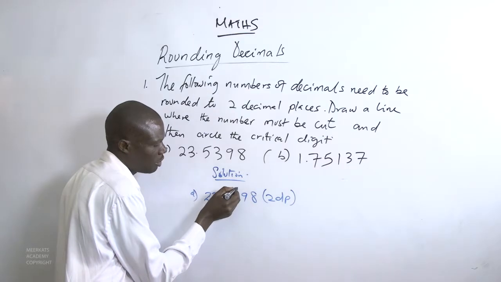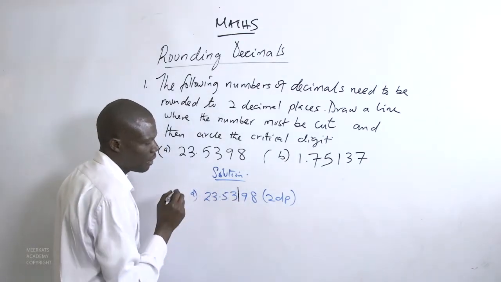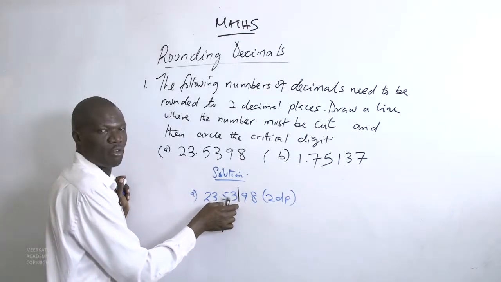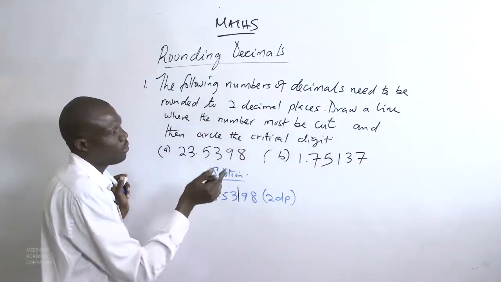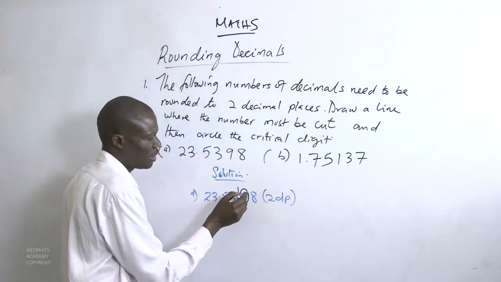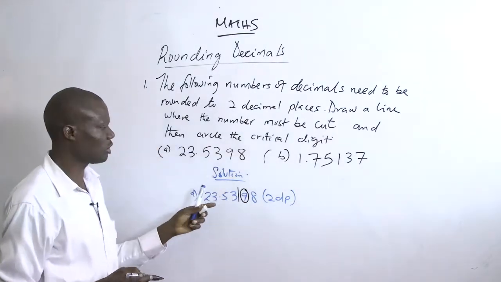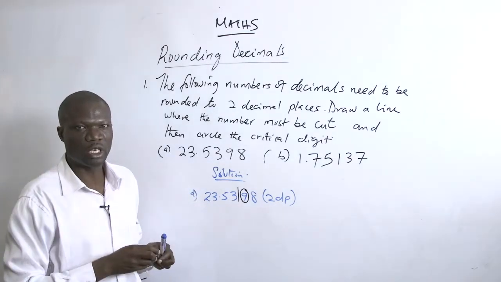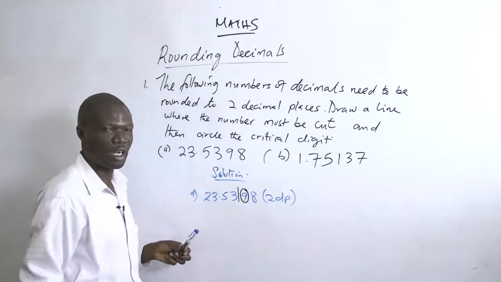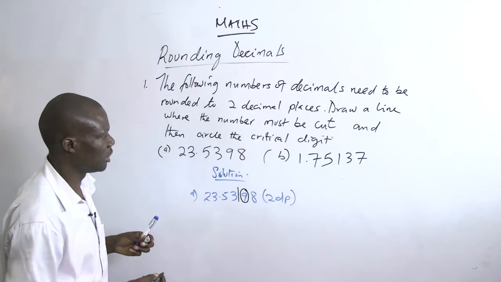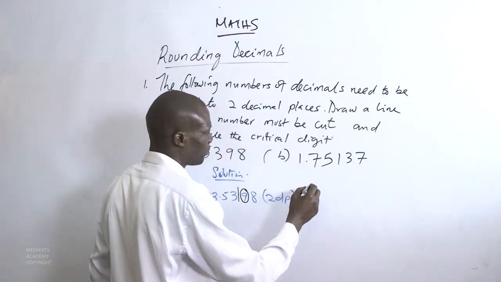After that, we shall draw the line. The line I've drawn is simply telling us that this is the number of decimals required. And then we circle the critical digit, and the critical digit is 9. So in the first question, we have been able to indicate, using a line, the number of decimals required and circled the critical digit.